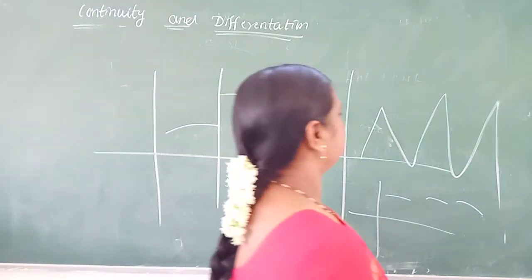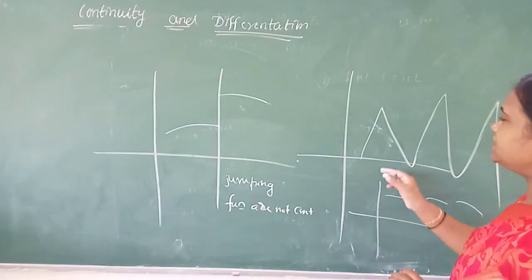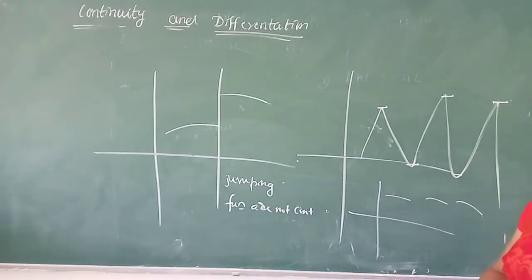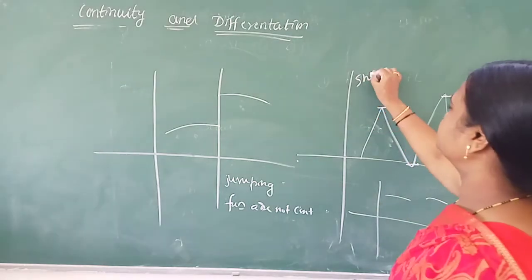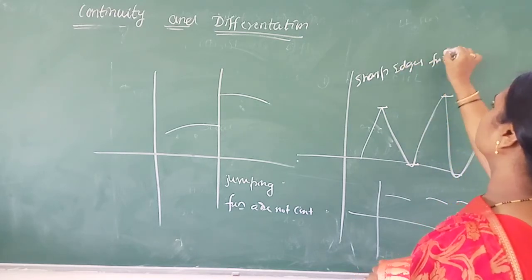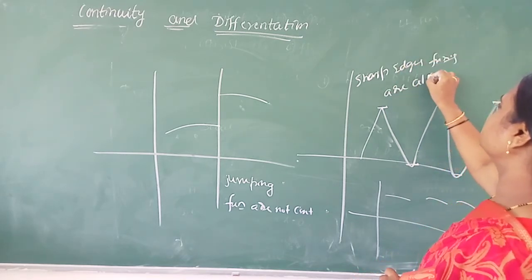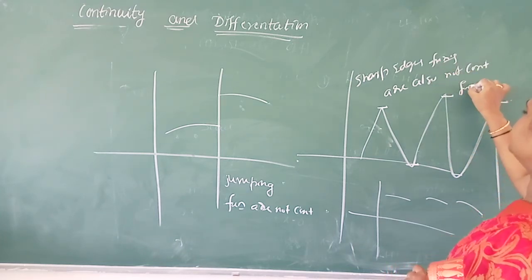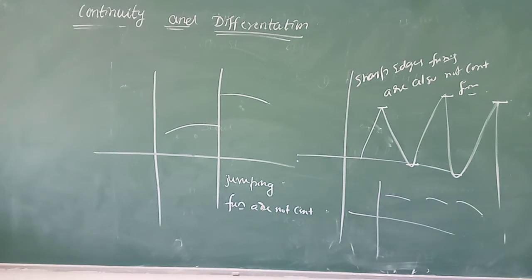Next, take. See, here also, see the sharp edges like this. The sharp edges functions are also not continuous functions. I think by seeing the graph we can say that the function is not continuous function.